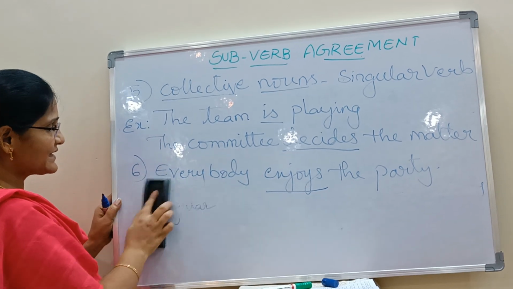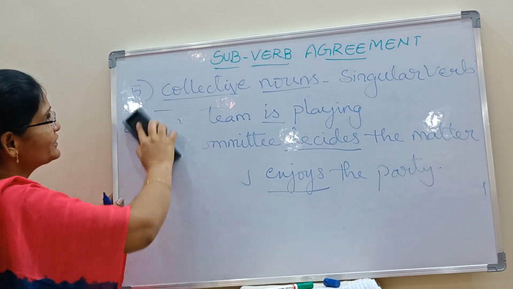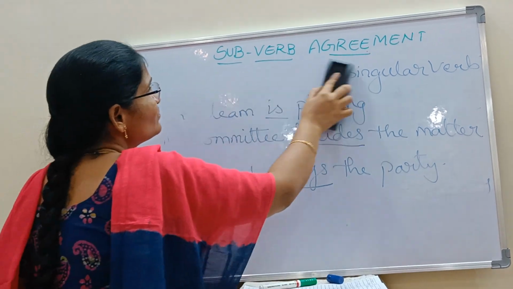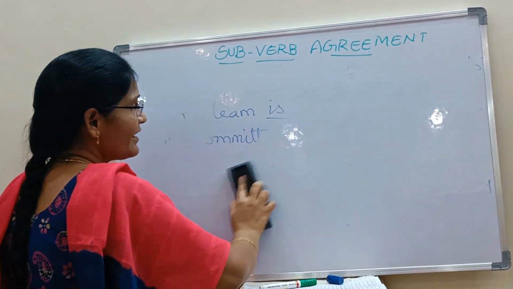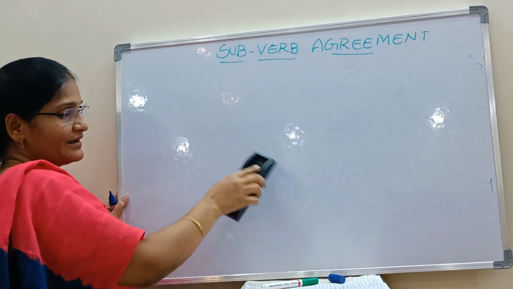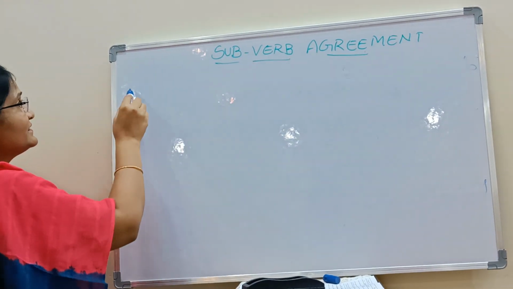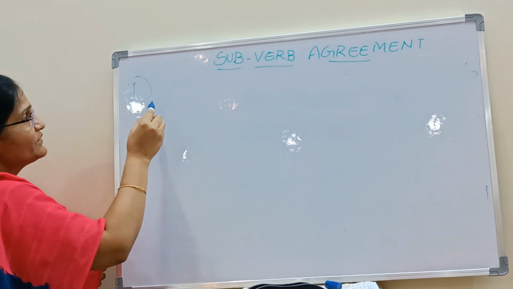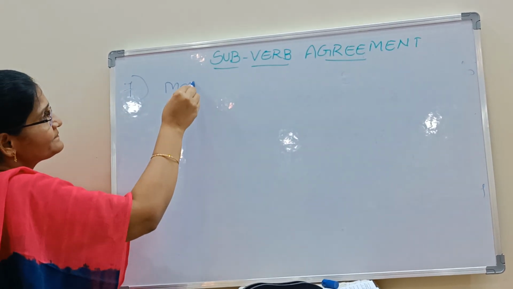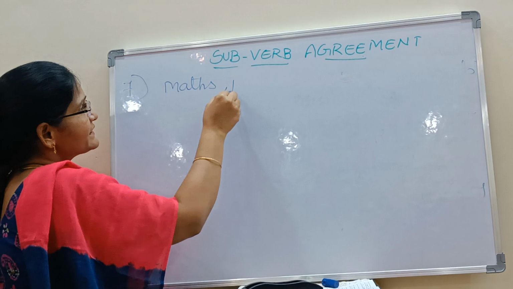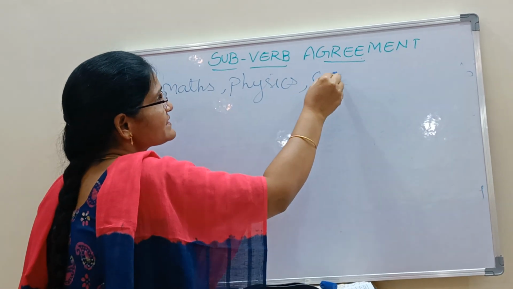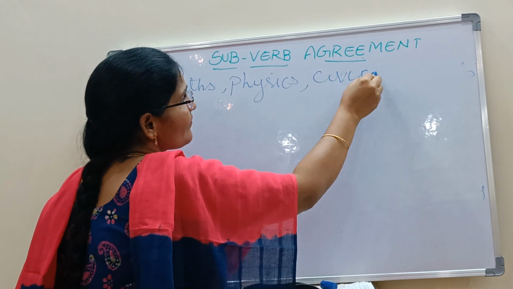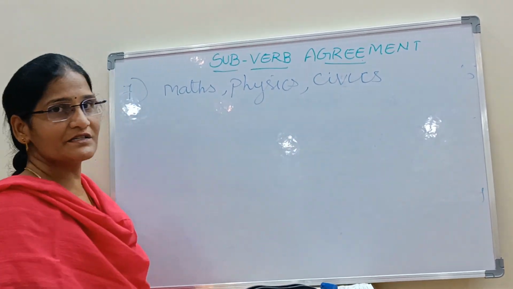Next, we go to the seventh rule. The seventh rule speaks about certain words. Whenever we see those words, we feel that they look like plurals. Yes, see, you have maths, physics, civics, economics.